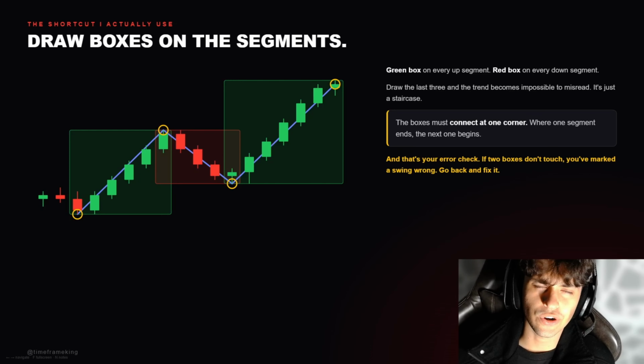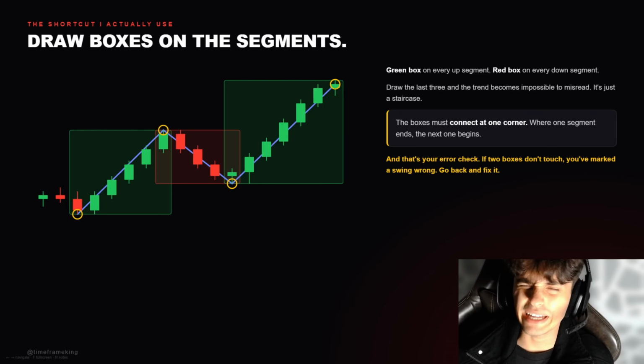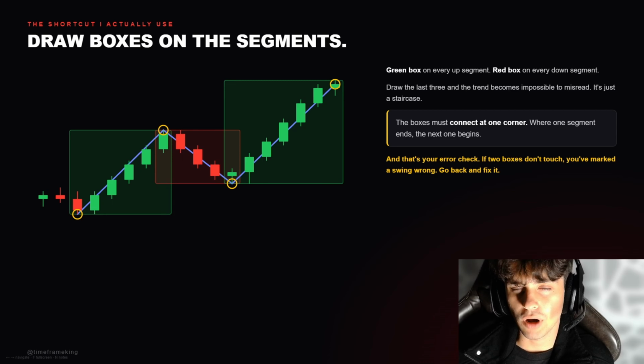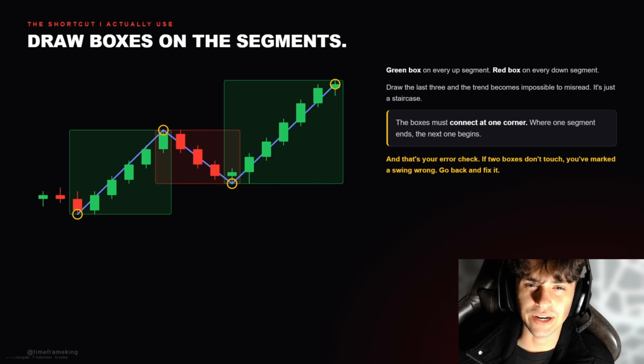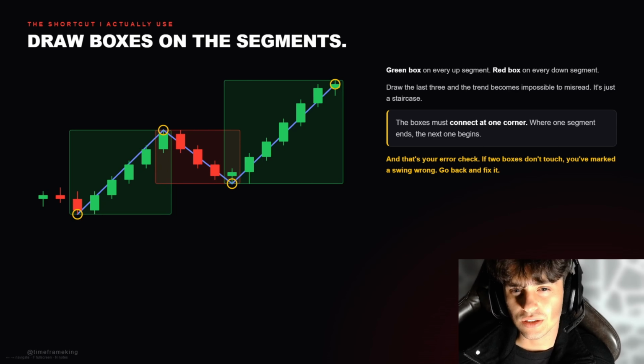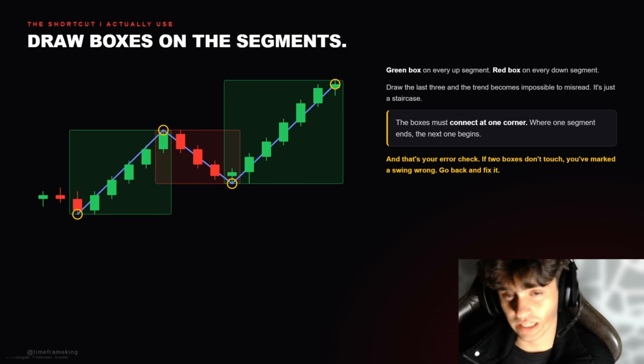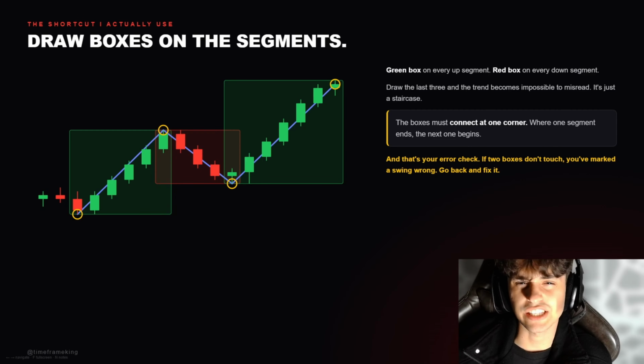Now, here's the shortcut I actually use every day. It may take you some time, but it's really good. Boxes: a green box on every up segment and a red box on every down segment. Draw the last 3, and the trend goes from something confusing to something actually obvious right in front of you. It's just a staircase.